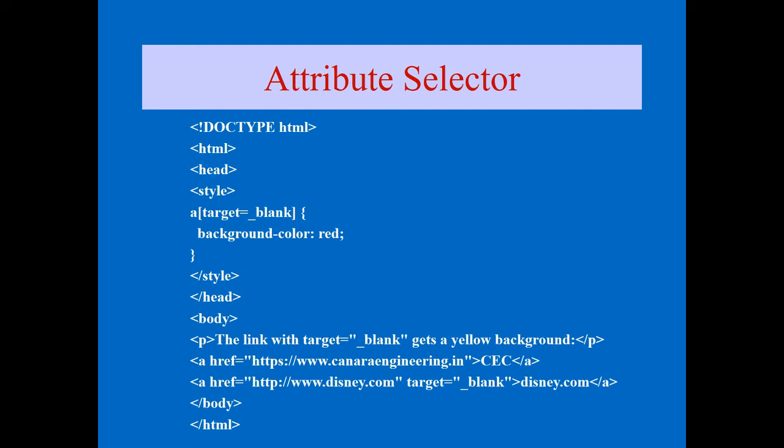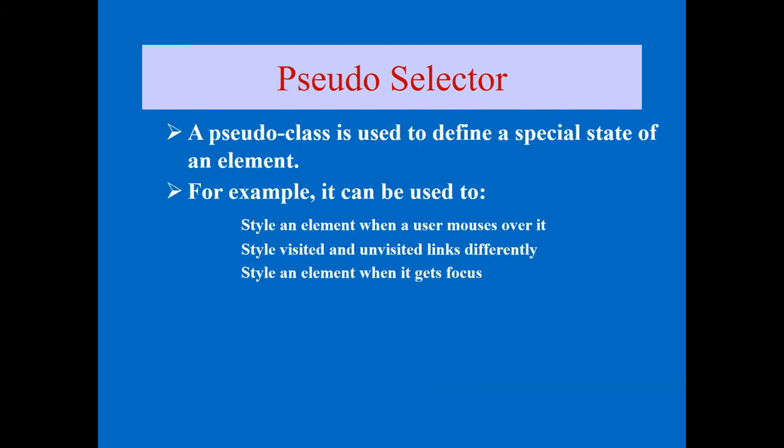Because the attribute target equal to _blank is available along with that anchor tag, and the properties for this attribute we set inside the CSS as red, that's why it is coming red. There are two anchor tags: for the first anchor there is no impact, but for the second anchor tag, disney.com, there is the impact, because we already set it for the attribute selector. So hope with the help of this example your concept is clear for the attribute selectors.